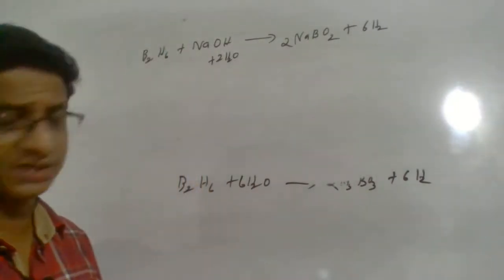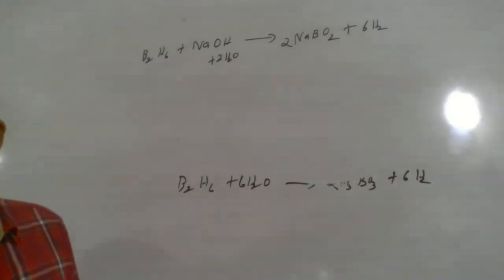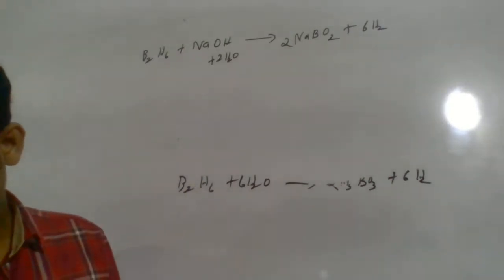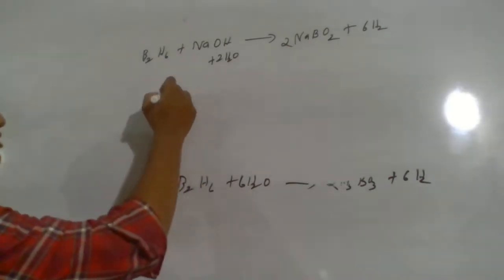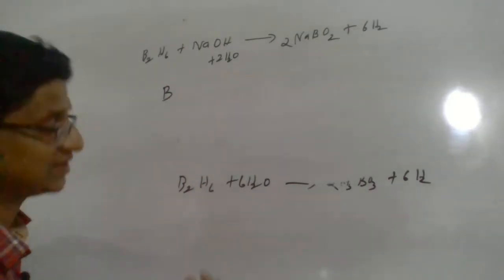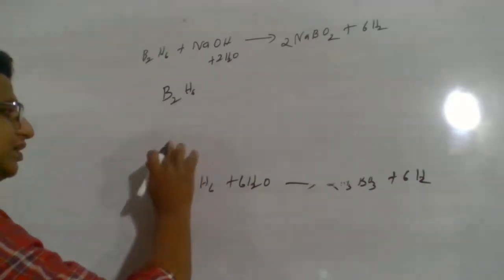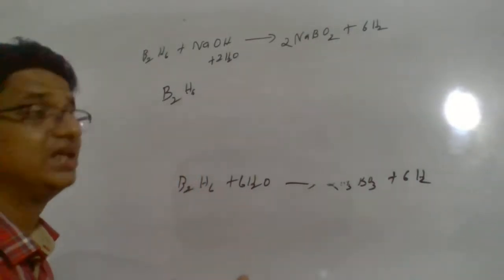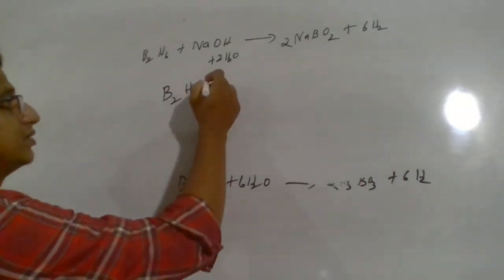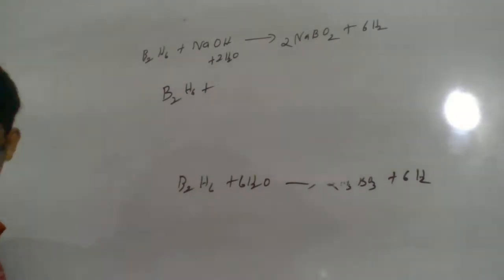Now talk about reaction with halogen. This time a halo diborane will be formed when it's treated with halogen acids like HCl, HBr, HI, etc. Again, HI is more acidic than HCl, HBr, etc. Something you have to remember.